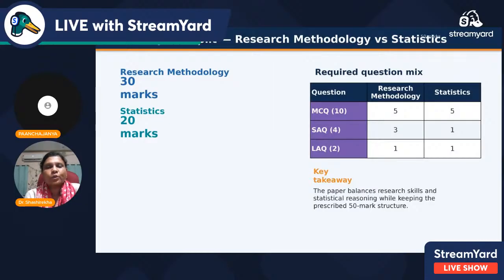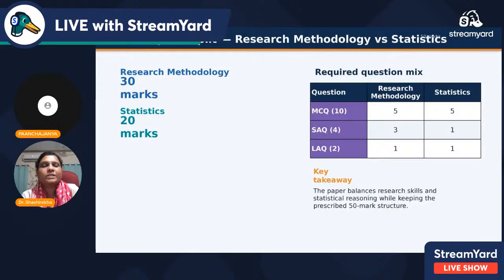Here you will have 30 marks allotted for research methodology questions and 20 marks for biostatistics. Regarding the MCQs, which will be 10 in number, you will have 5 MCQs from research methodology and 5 MCQs from biostatistics.